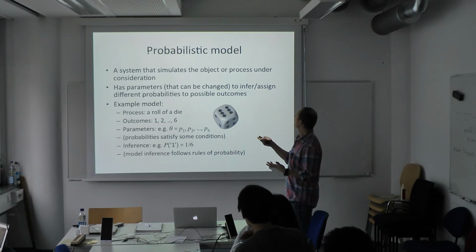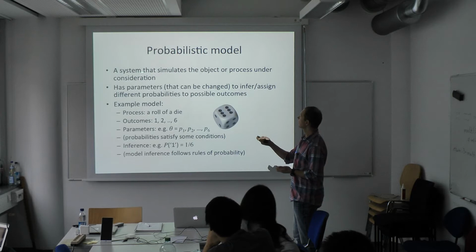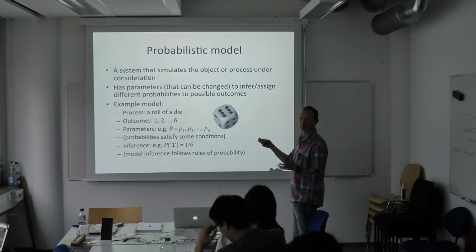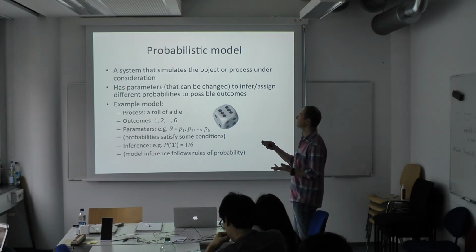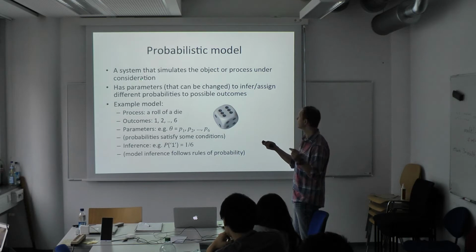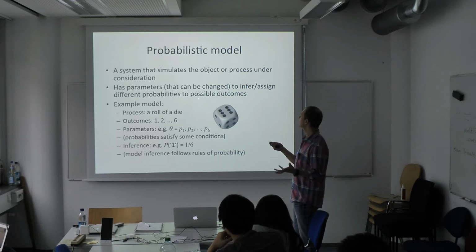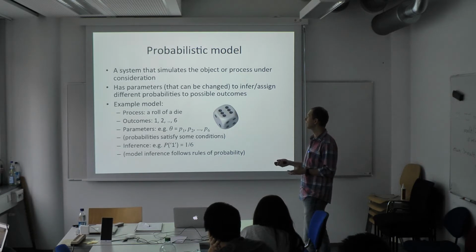So I'll talk about probabilistic models here, and this is essentially a system that simulates the object or process under consideration. Sounds very vague. It has parameters which we will tune. We will change them to infer or assign different probabilities to possible outcomes. So here's an example. We have a process like a roll of a die.